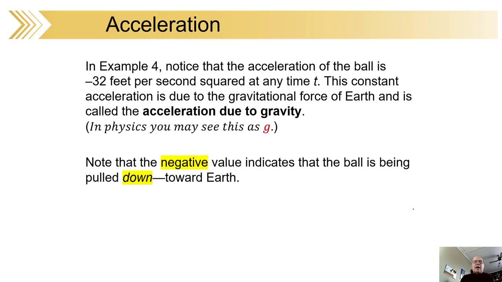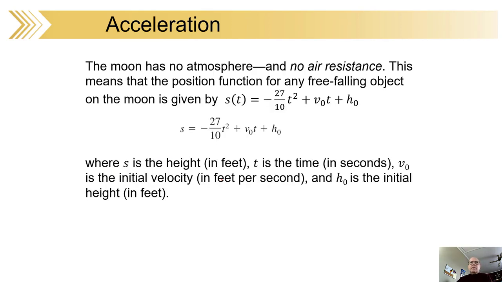Notice I highlighted this one over here. The negative value means it's being pulled down toward the Earth. Now there's one with the moon. That's a good one.